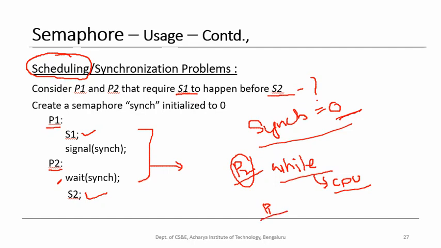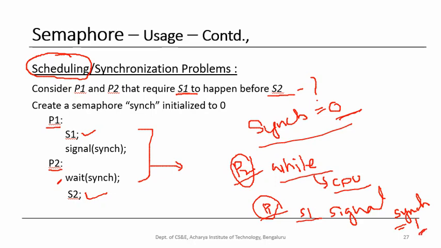When P1 is taken for execution, it will first execute S1. That's what we want. We want S1 to happen before S2. After that, this process P1 will execute a signal operation on the semaphore sync. So what happens to the value of sync? It was 0, now it becomes 1, right?